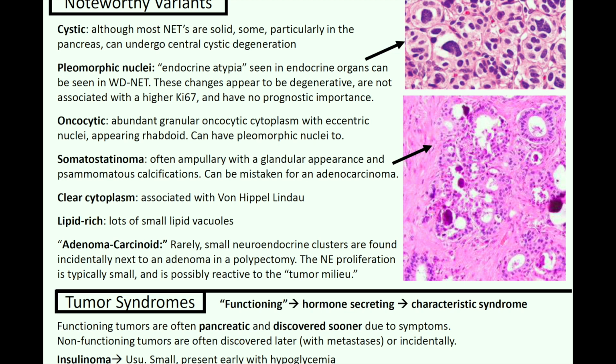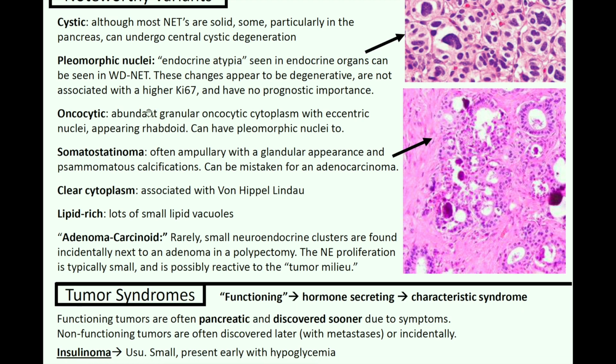This is associated with von Hippel-Lindau. You can have a lipid-rich variant with lots of small lipid vacuoles. And you can also have an adenoma-carcinoid variant, which is rare, but small neuroendocrine clusters are found incidentally next to an adenoma in a polypectomy. The neuroendocrine proliferation is typically small and is possibly reactive to the tumor milieu.